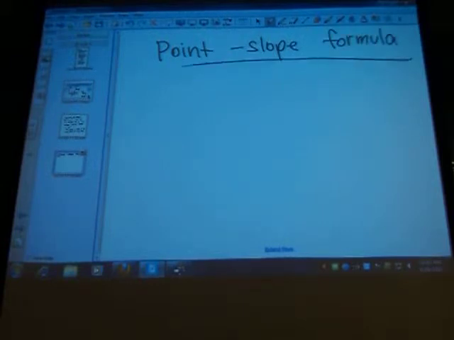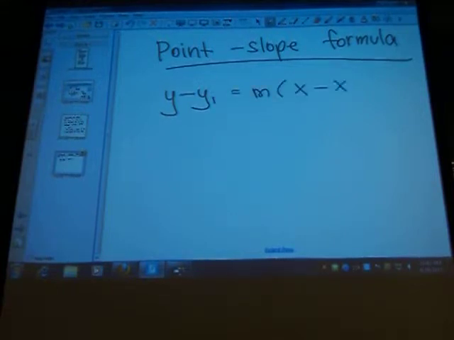Okay, so what we need to do to find the equation of a line, we need the point slope formula. Okay, the point slope formula is y minus y1 equals m times x minus x1.